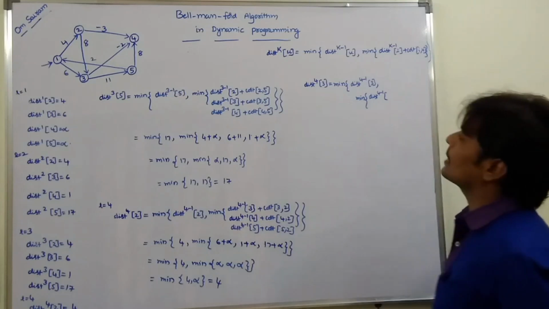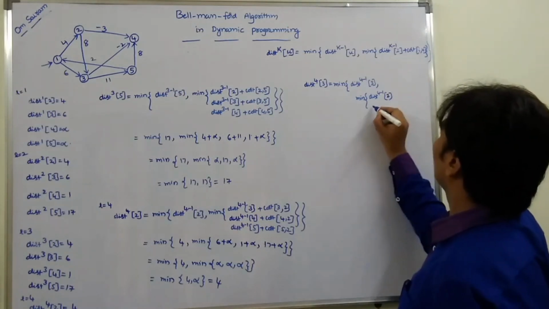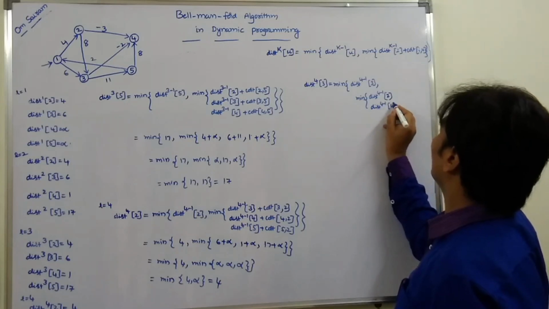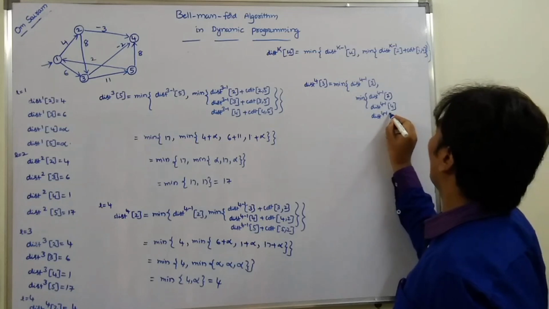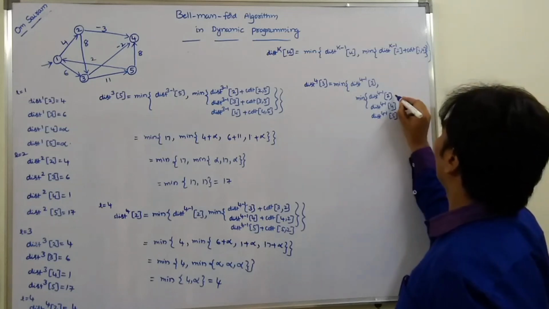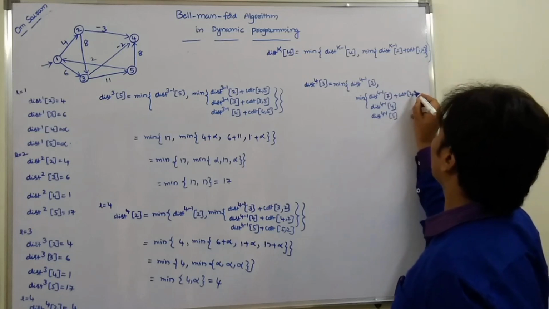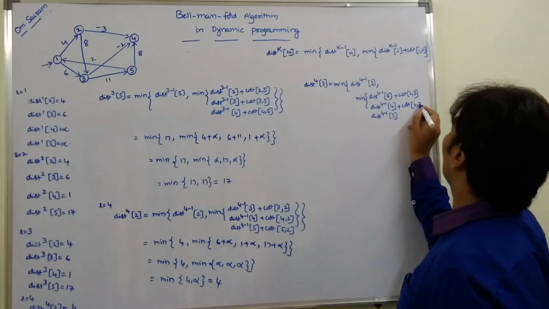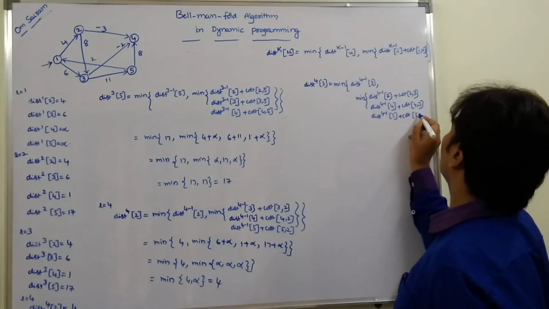What are the remaining vertices? 2, 4, 5. DIST 4 minus 1 of 2, DIST 4 minus 1 of 4, DIST 4 minus 1 of 5 plus cost of 2 comma 3 plus cost of 4 comma 3 plus cost of 5 comma 3.